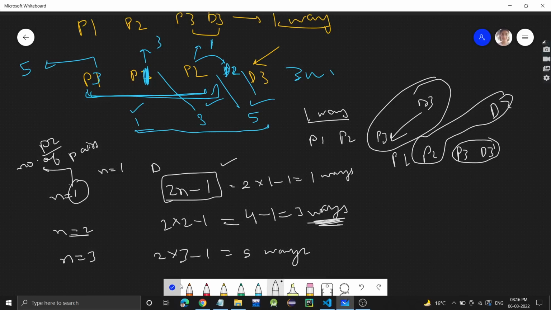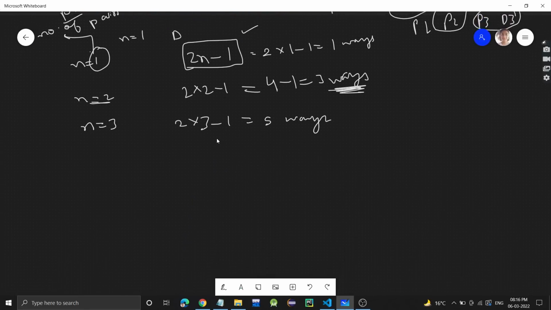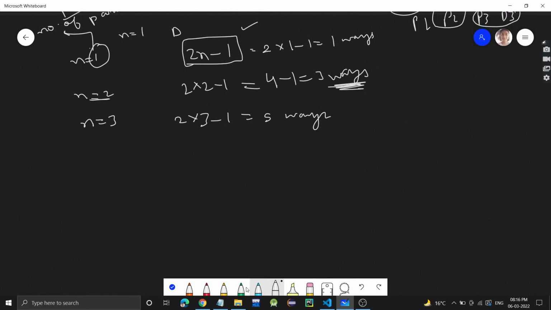Fine. So what will be the final formula for arrangements? See guys, for P1, P2 and P3, for picking the order, n factorial was there, right? Why? Because these guys can arrange among themselves. And then 1 into 3 into 5, these number of ways was there.